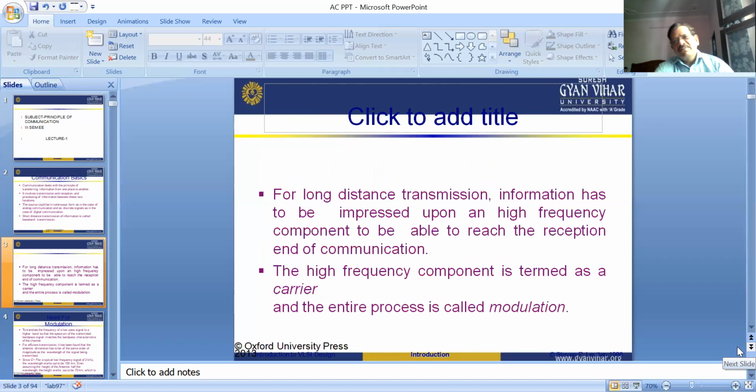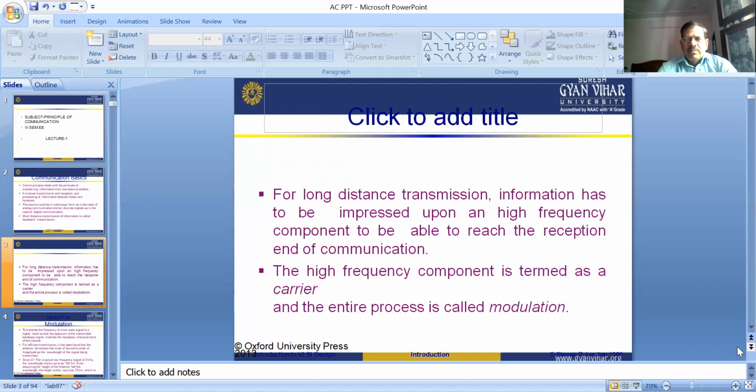High frequency means a frequency in the range of kilohertz, megahertz, and also gigahertz, to be able to reach the reception end of communication. In long distance communication, higher frequency is generally used, and these frequency signals are transmitted from source to destination.